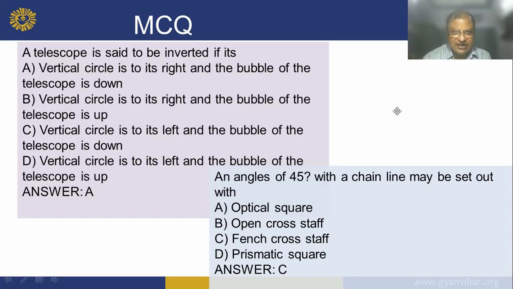The correct answer is A, the vertical circle is to the right and the bubble tube of the telescope is down. And the next question: an angle of 45 degrees with the chain line may be set out with. So what is the correct answer? The answer is, my dear boy, C, French cross staff.